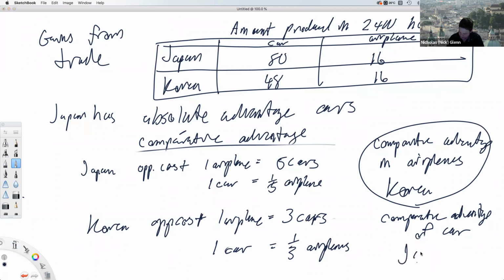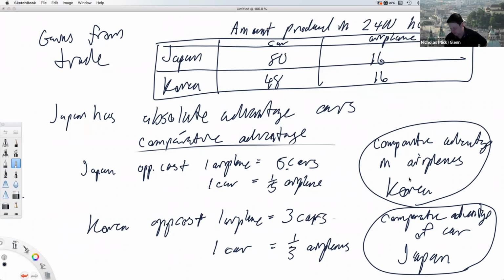So Japan has a comparative advantage in producing cars. So they should produce some additional cars for Korea for these airplanes, and Korea should produce some additional airplanes and trade with Japan to get some cars. So there is an opportunity for trade here because they both have a comparative advantage in a different good. So it sets up a benefit of actually trading.